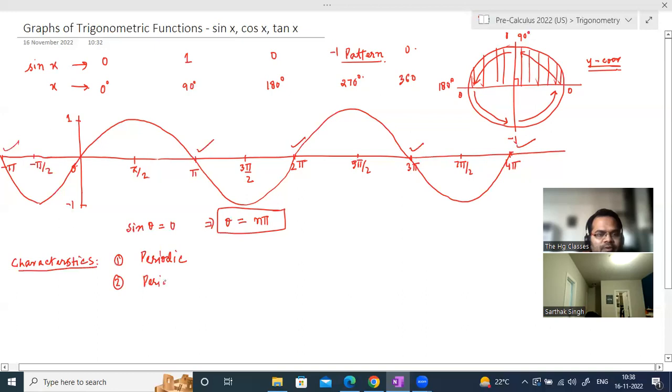After what interval does it repeat? Every 2 pi radians or 360 degrees. That is why it is also known as a circular function or a periodic function.